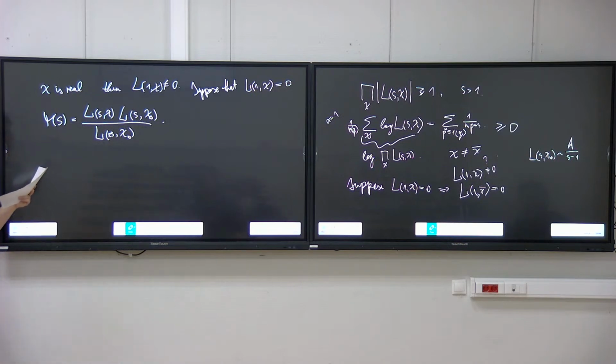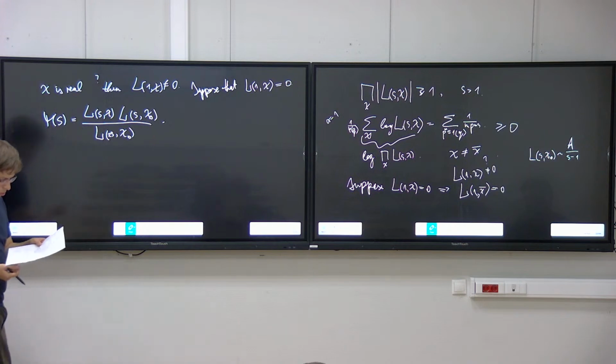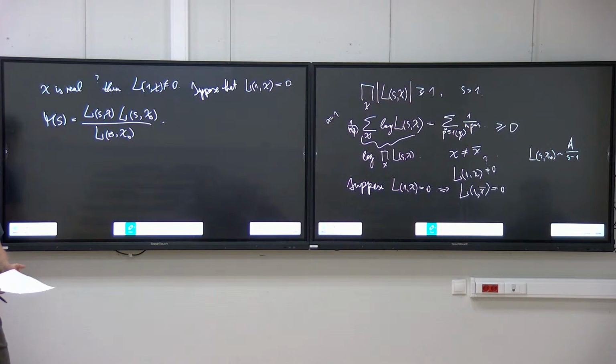Сейчас еще раз. У нас хи вещественный, значит, да, не единица, потому что мы это только что доказали. Да, ну хи вещественный какой-то, единицы не ноль.